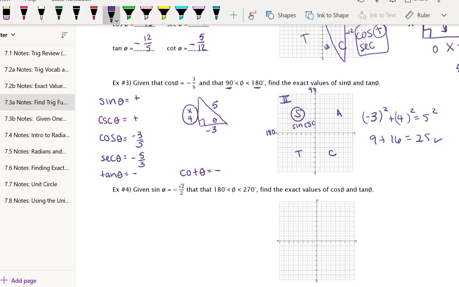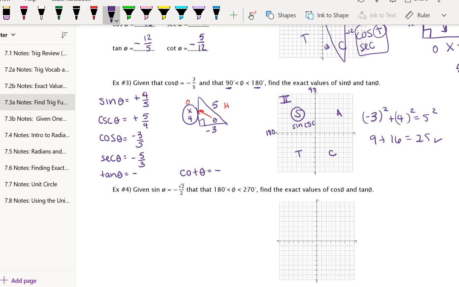Okay? So if I look at sine, sine is opposite over hypotenuse. So here's your opposite, here's your hypotenuse. So therefore sine is 4/5, and it's positive. 4/5. And then reciprocate it to get your cosecant.